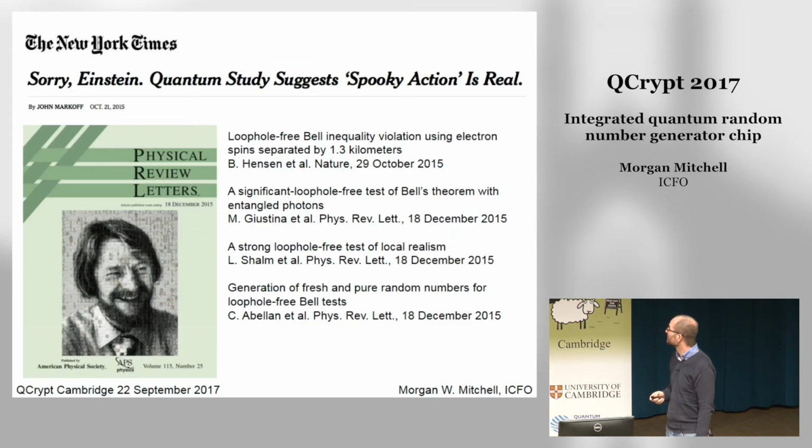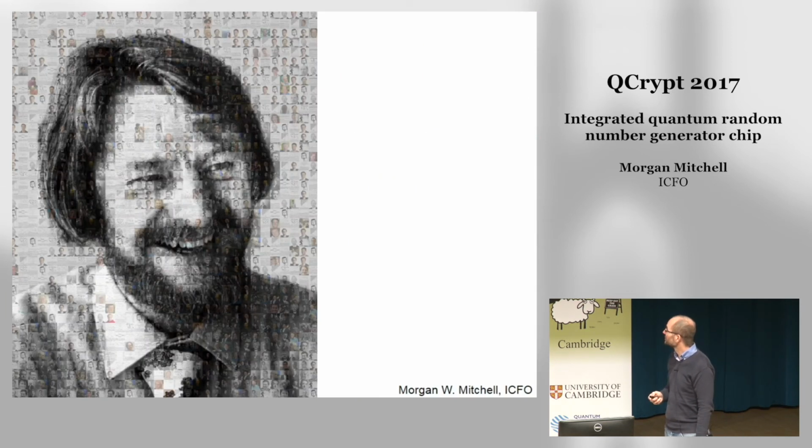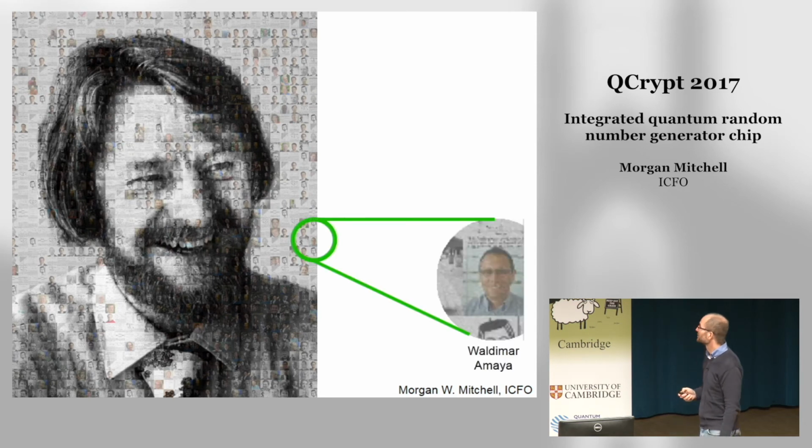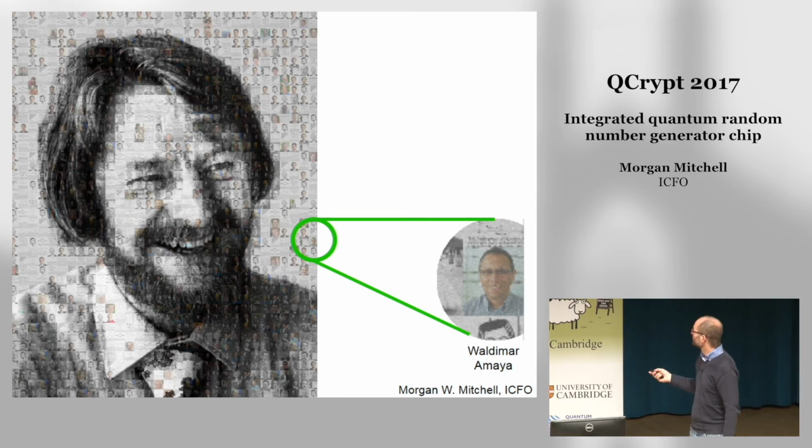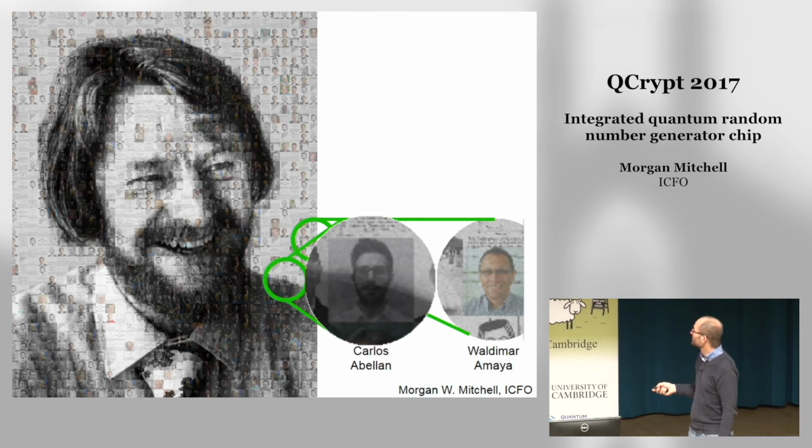It got us into these papers, got us onto the cover of this. So here you can see Valdemar. I guess you all know this cover, right? This is John Bell, and these are all faces of famous physicists. For some reason, Rupert Ursin appears about 20 times, and other people appear once. But Valdemar is here. Carlos is here. I was looking for myself. I really wanted to be in John Bell's beard.